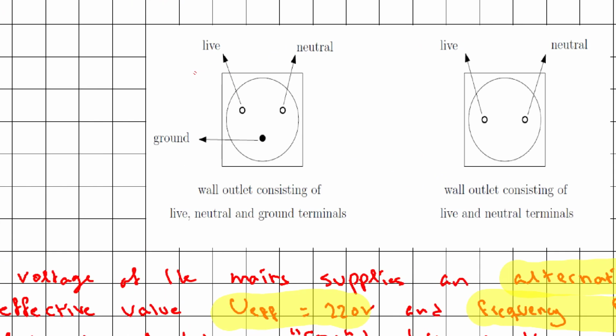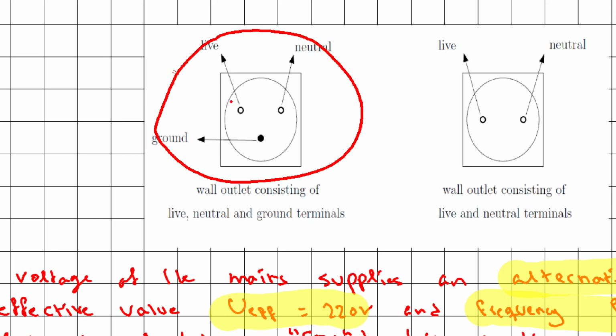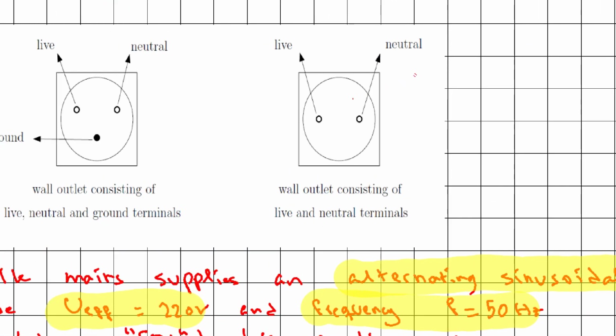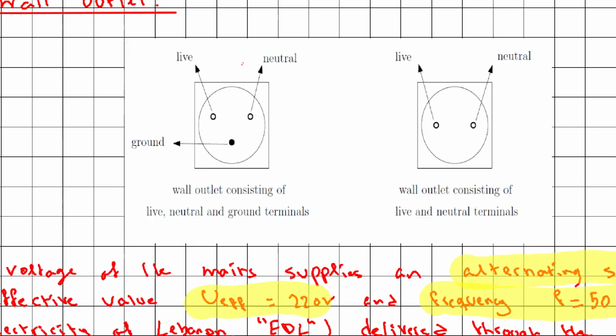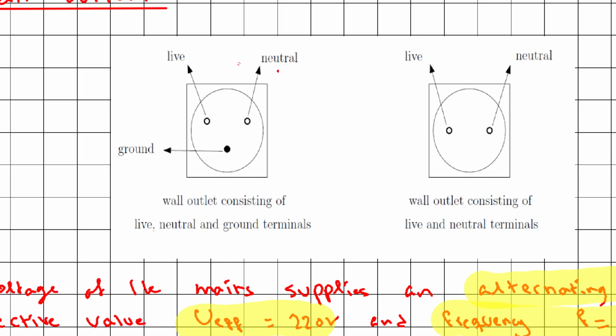Although in this case we are not distinguishing between the positive pole and the negative pole, it's important to distinguish between the live and the neutral terminals. The live terminal is the one that causes the transfer of electricity.